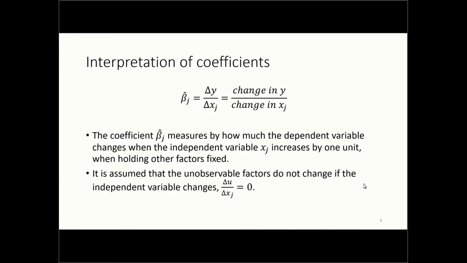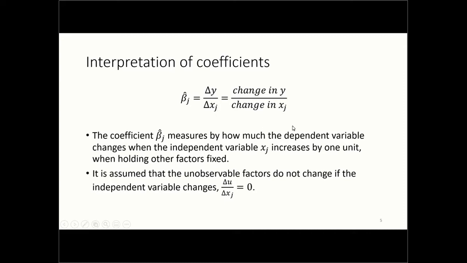So what is the interpretation of the coefficients? Taking the derivative, we have beta j hat equals change in y over change in xj, where again, this xj could be any of the independent variables, and beta j hat could be any of the coefficients that refers to this variable.